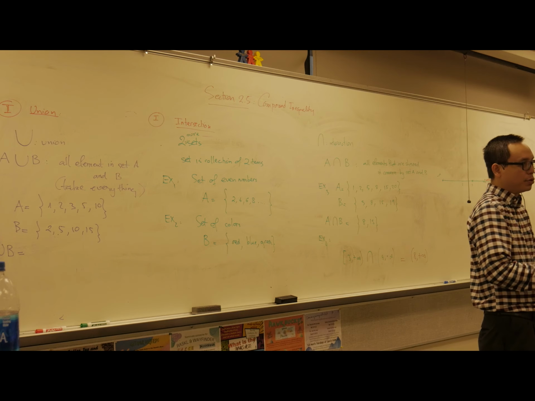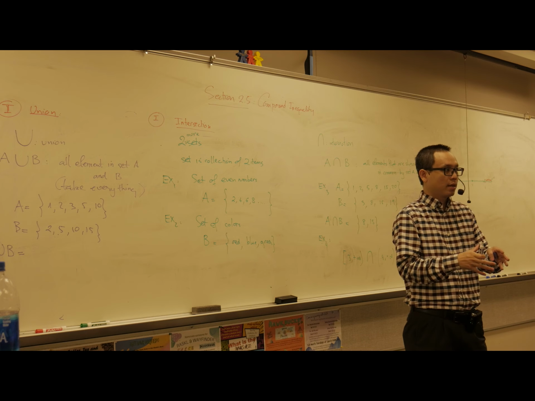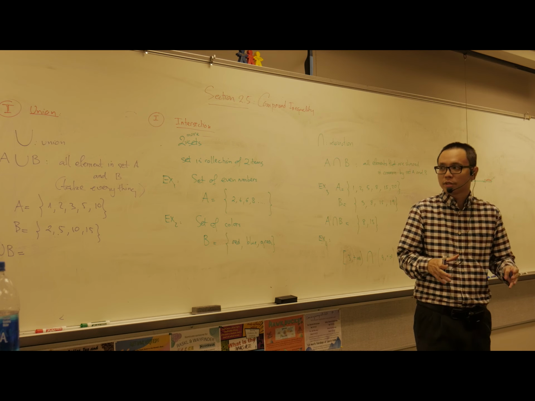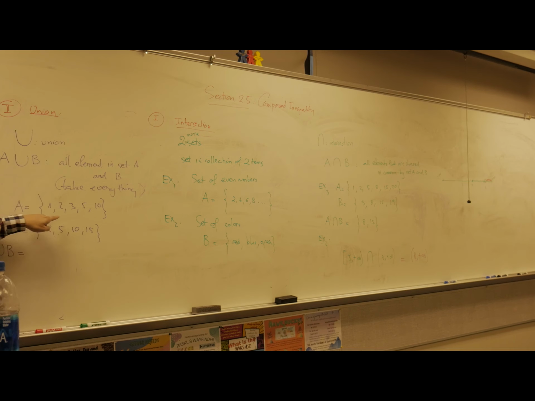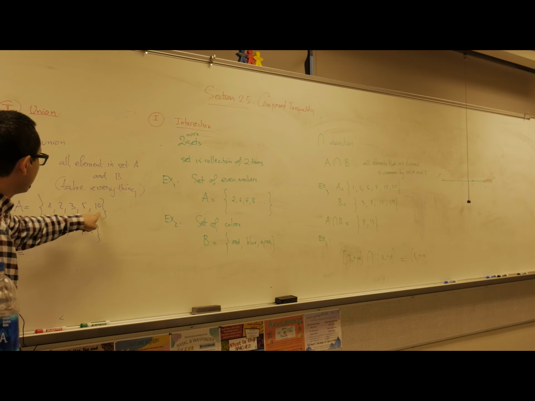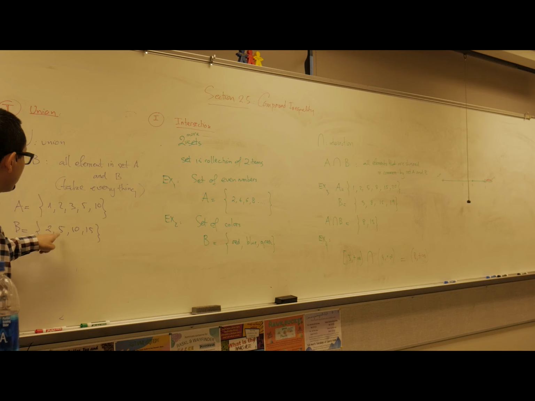And I just said that union means that you take everything. So over here in set A, you have 5 elements. In set B, you have 4 elements. But you see number 10 is repeated, number 5 is also repeated, 2 is also repeated. So you don't have to write it twice.